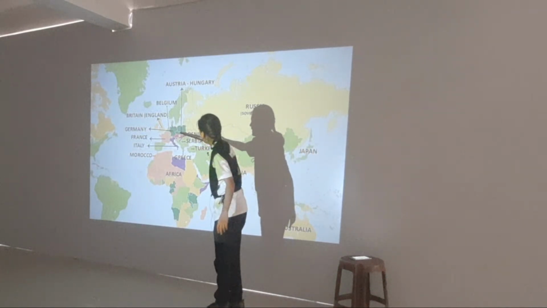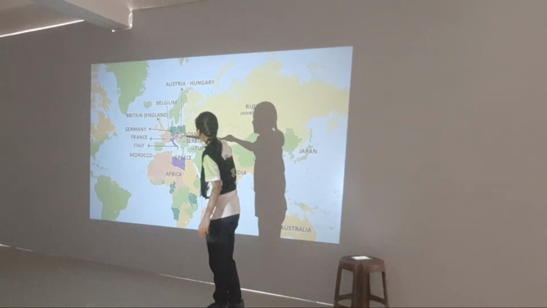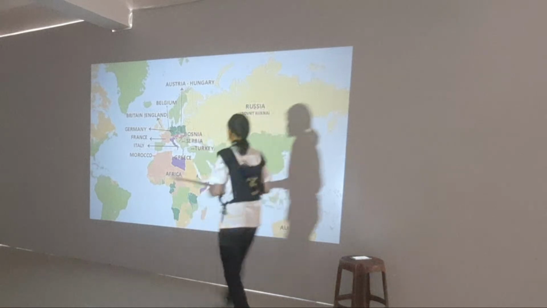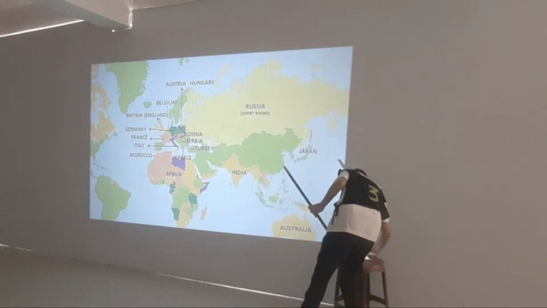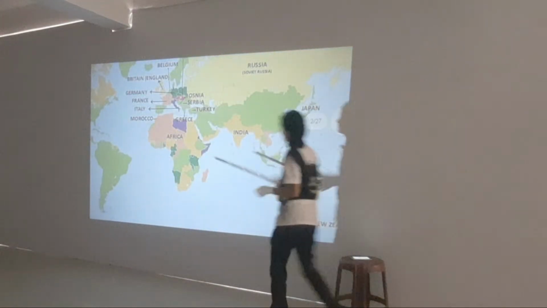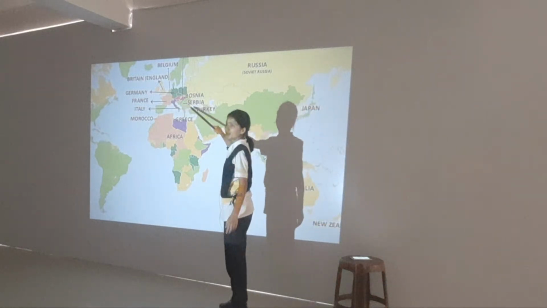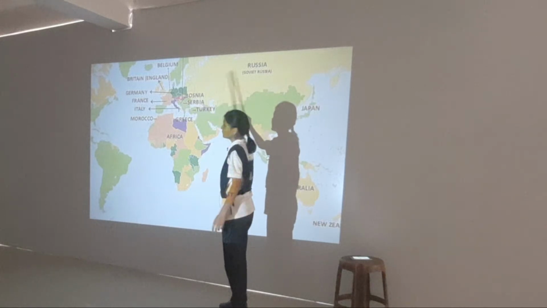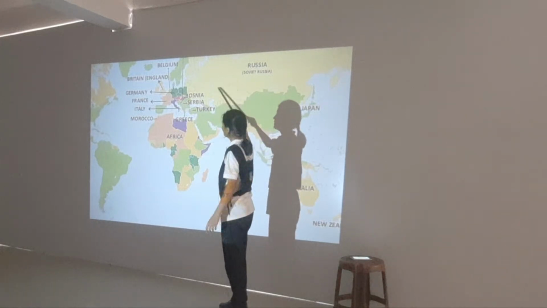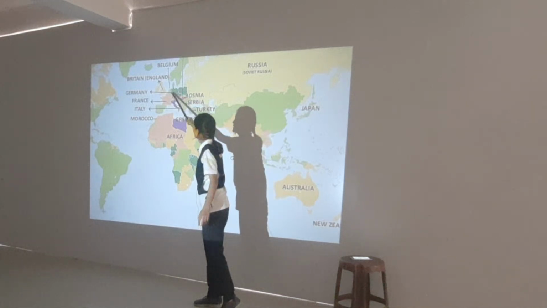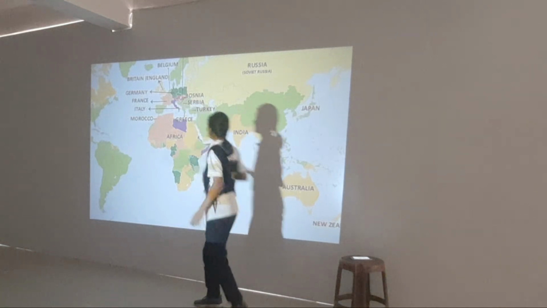There was one more country, Serbia, and yes, it is here. So these were allied, though later Serbia made an alliance with Russia, with the Allied powers, but these were the major alliances: Germany and Austria-Hungary.